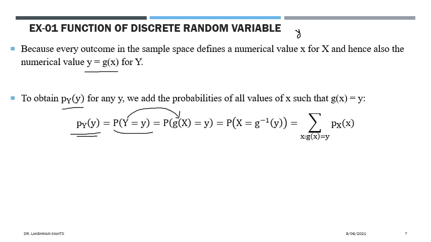This capital Y is a function of X, so we write it this way, and this is not considered an inverse function. It is talking about all inverse images of a small y, that means all the x which have been mapped to y. We sum the probabilities of all those x, and that gives the value of the probability mass function for that specific y.